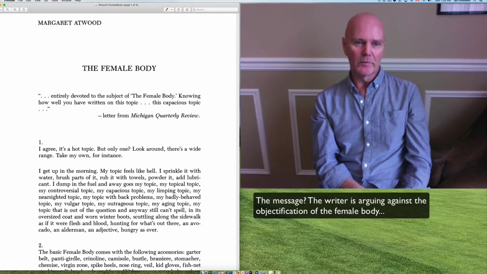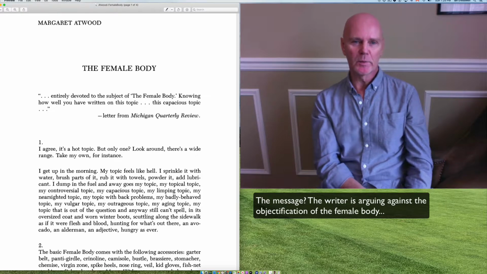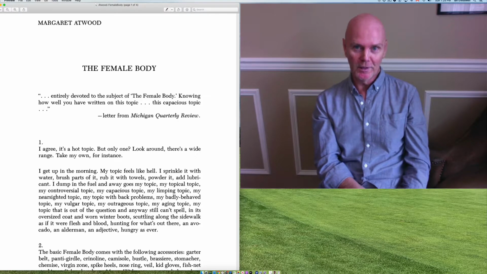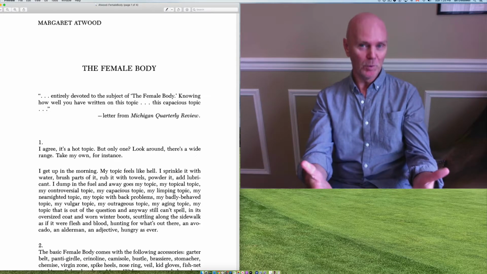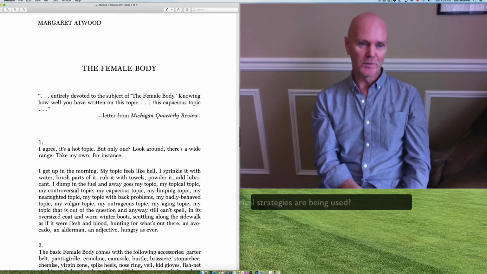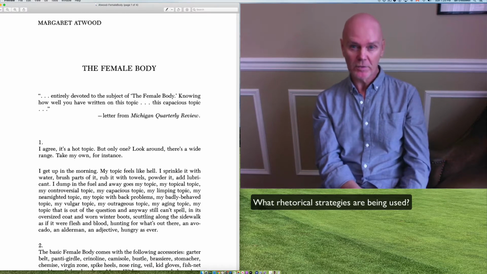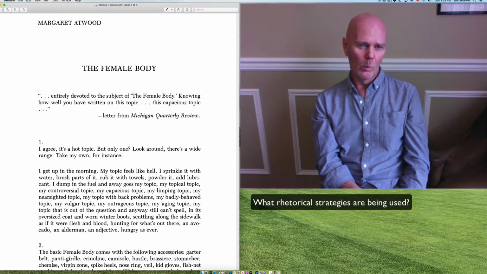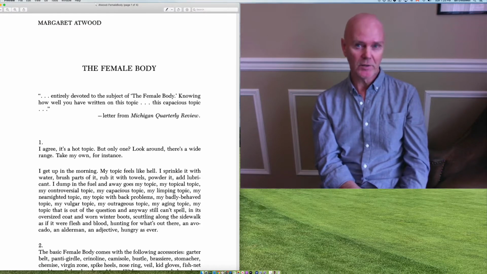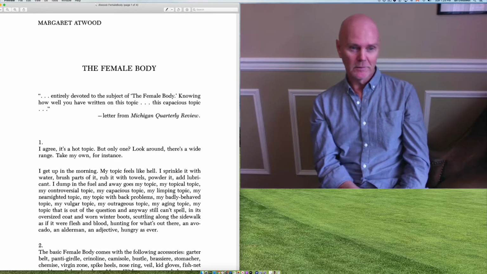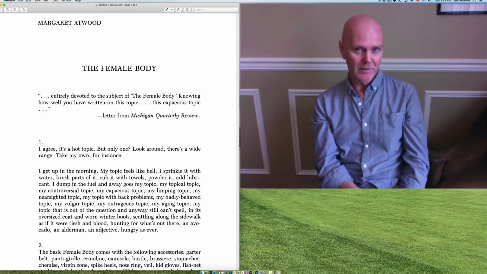The next step, of course, is for us to explore the rhetorical strategies and devices that are being used to drive the message, to communicate the message. So, thinking about that, let's think about strategies. What do you think is the primary strategy at work in this text? As I see it, it is primarily pathos.